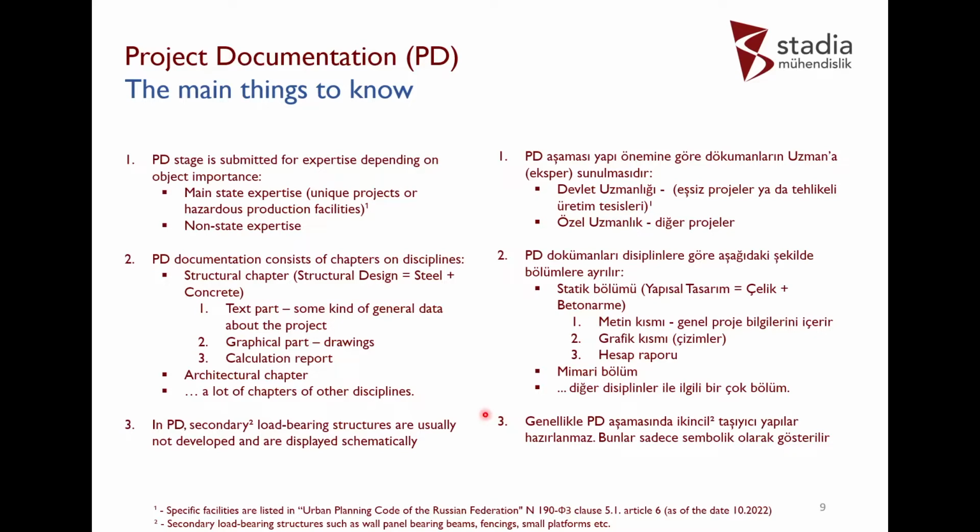So if, for example, our secondary structures somehow affect other structures, it's better to draw them at least in single lines. Very simple representation, but in this case we will warn the next designers that we have something here, and they will know it should be taken into account.